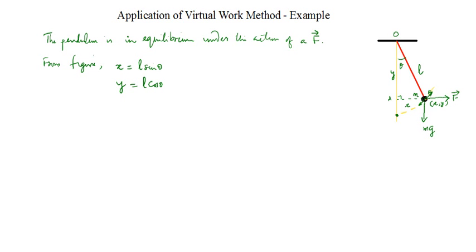Whether it is moving towards the equilibrium position E or away from it along the arc of the circle, it will cause a small change in the coordinates x and y.